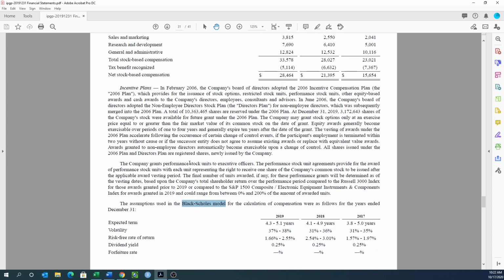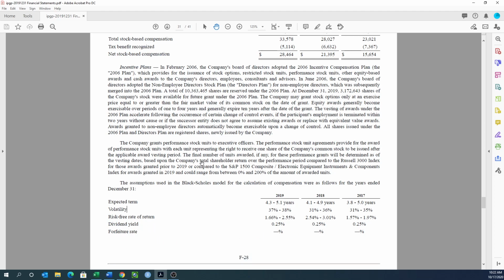They've got their calculations of volatility, their expected term, their risk-free rate of return in each one of these years, their dividend yield, and what they believe the forfeiture rate is going to be. So these are all going to be interesting variables as you're giving advice. We've got enough historical data here to make a determination.